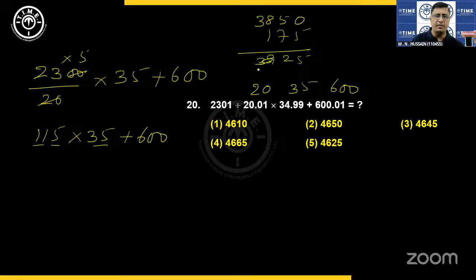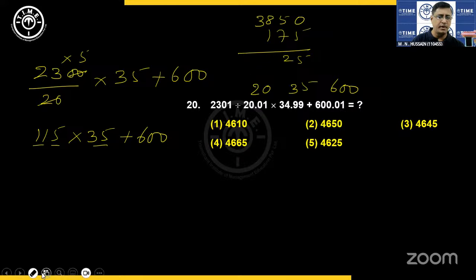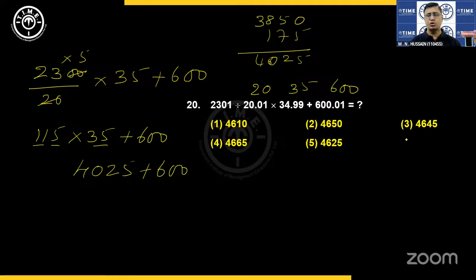Sorry, it is 40. 40, 25 plus 600. By adding these two, we get 4625. Right choice, option 5. Fifth choice is the right answer. Choice number 5.